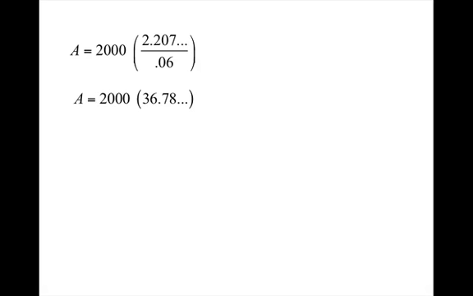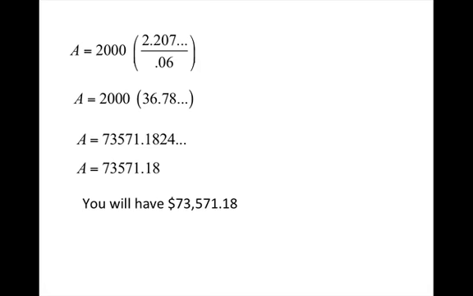Then leave that in your calculator and multiply by 2,000, and we got the 73,571.18. If I rounded that to 2 decimal places, it would just give me the 0.18. So that means if I make those yearly deposits of $2,000 for the 20 years, my retirement account would have $73,571.18 in it.